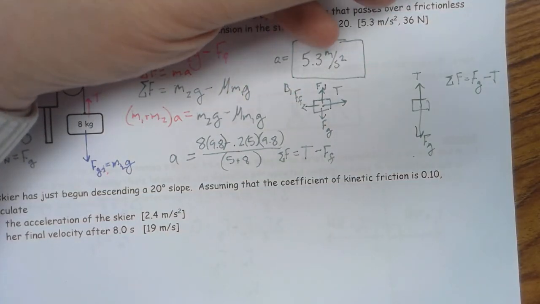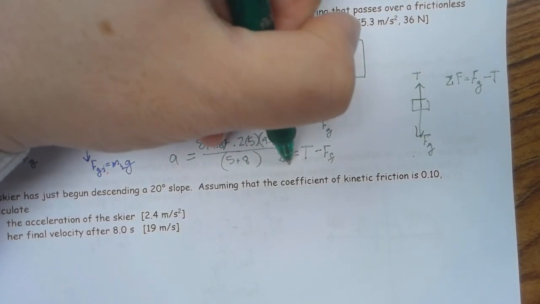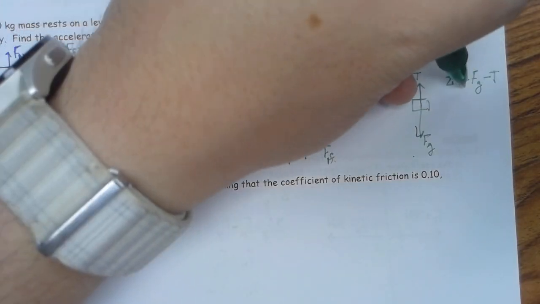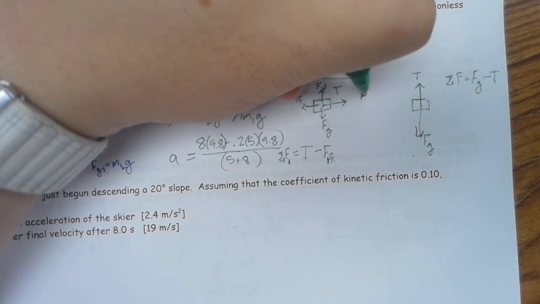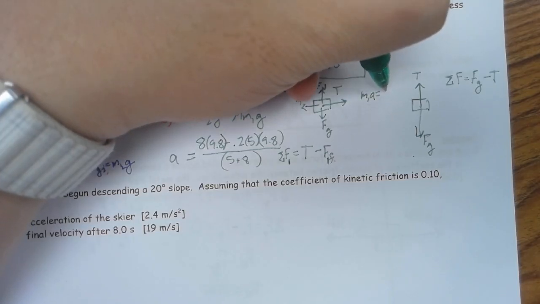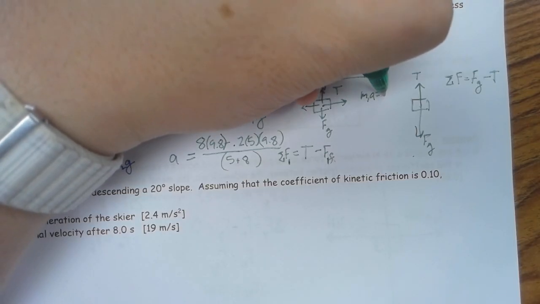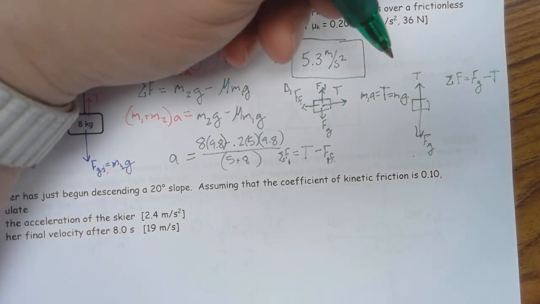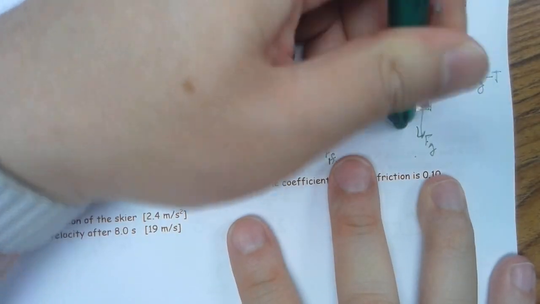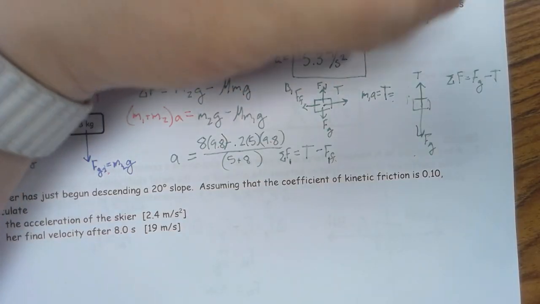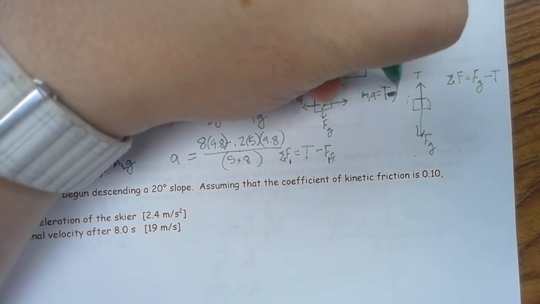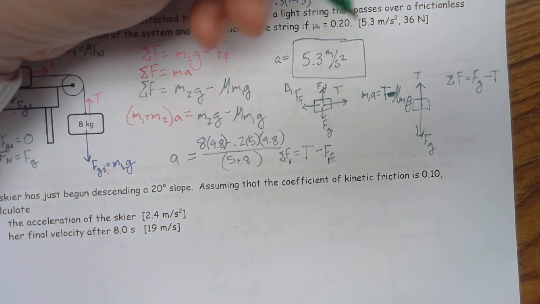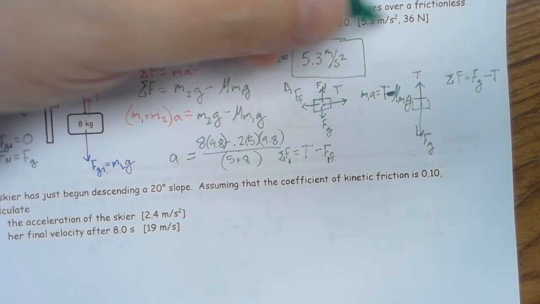All right. So for box 1, net force on 1, force friction on 1. So I've got M1A, we know what M1A is, equals T minus mu M1G. And what do we do from here?